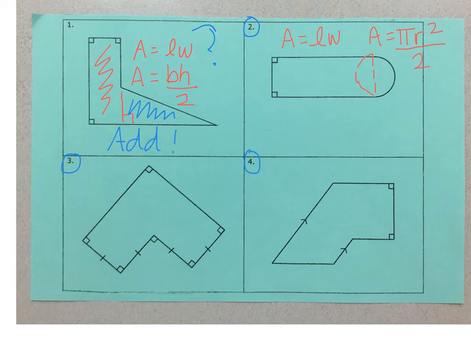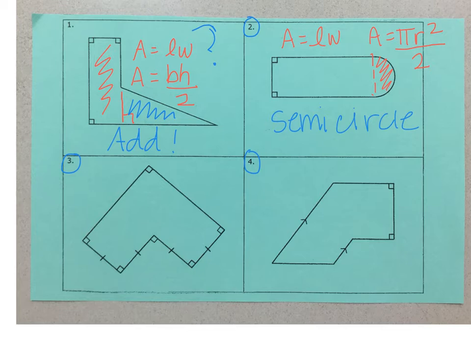And actually, do you know the name of this figure right there? Anybody know what it's called? It's called a semicircle because it's half of a circle.